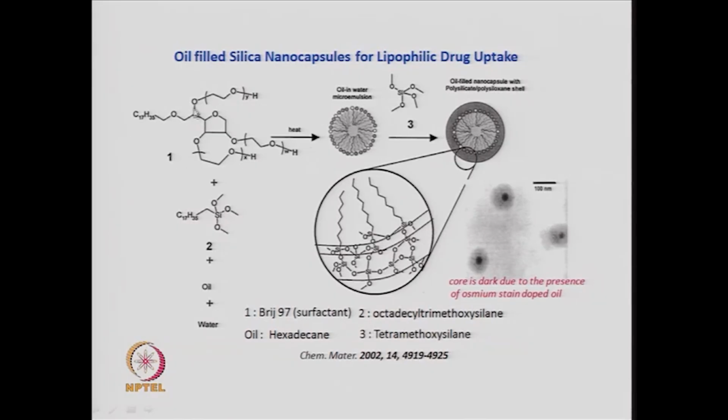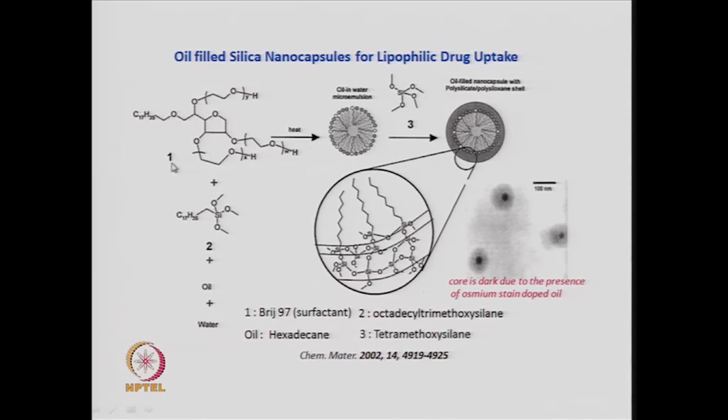There are a lot of ether linkages as you see in this Brij 97 surfactant, and typically most of the non-ionic surfactants have this kind of polyether linkages.